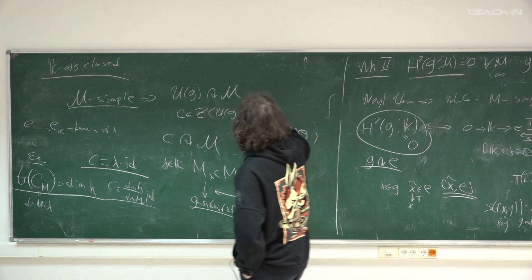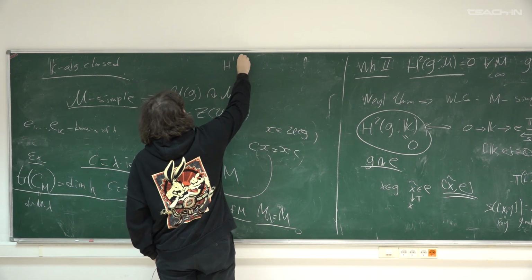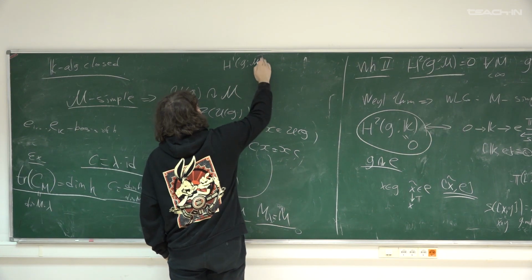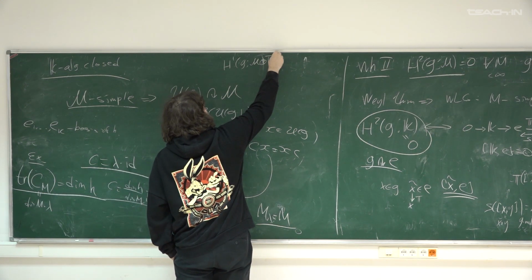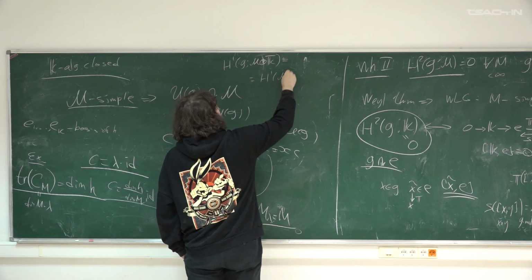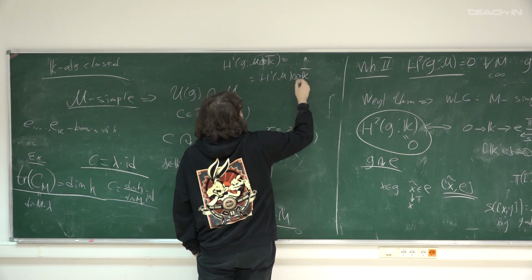For example, what we have, first homology of G with coefficients in M. If we extend scalars to the algebraic closure with the same action, we obtain this. This is just extension of scalars of cohomology.